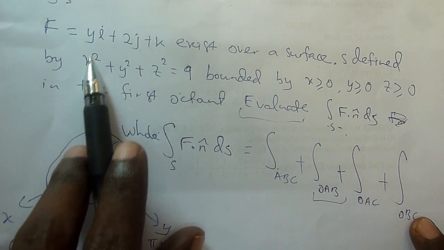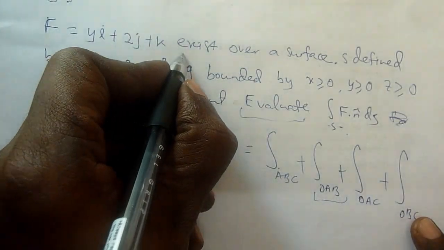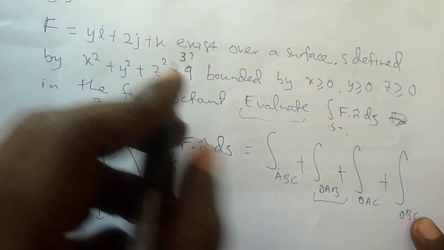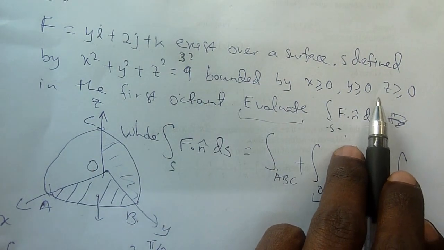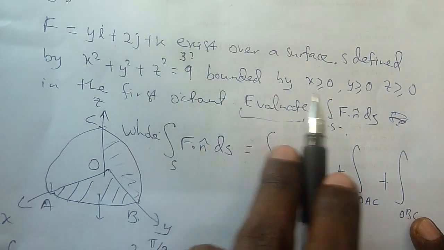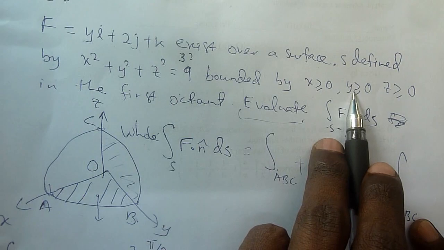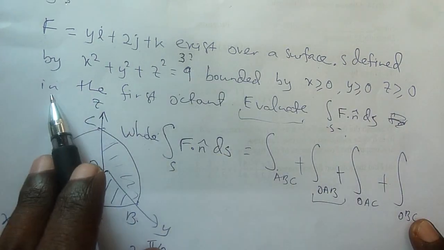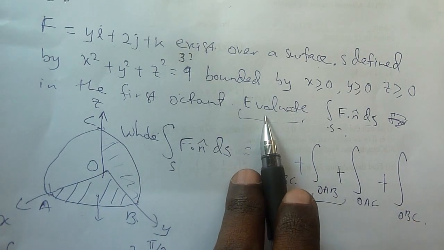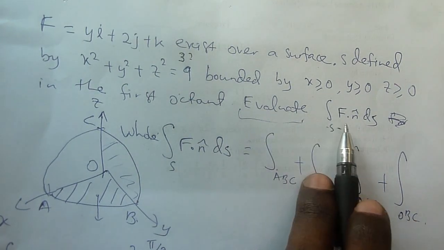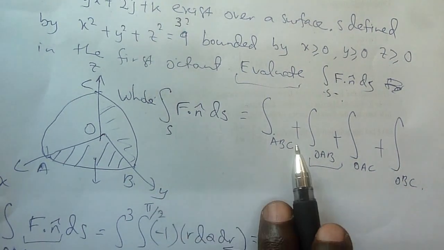The spherical radius is 3, and it is bounded by the quadrant where x is greater than 0, y is greater than 0, z is greater than 0, in the first octant. We have been requested to evaluate the surface integral. Therefore, we need to evaluate the whole.